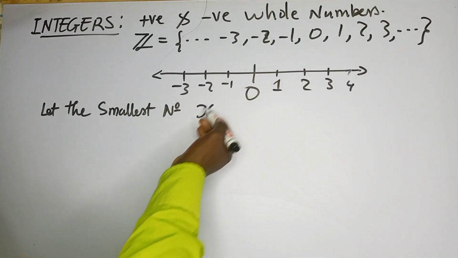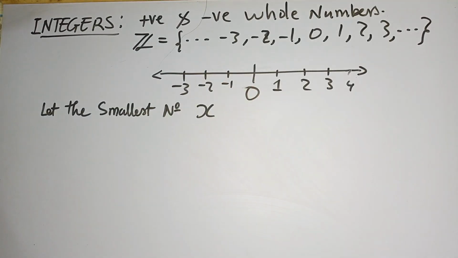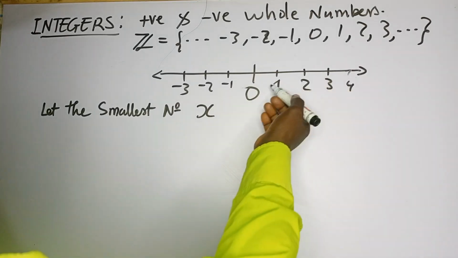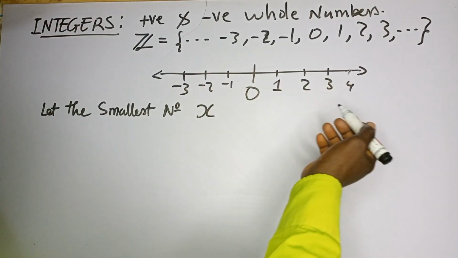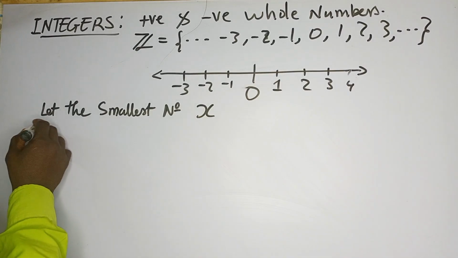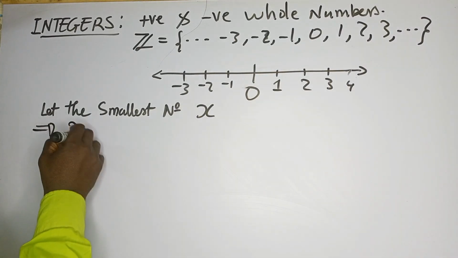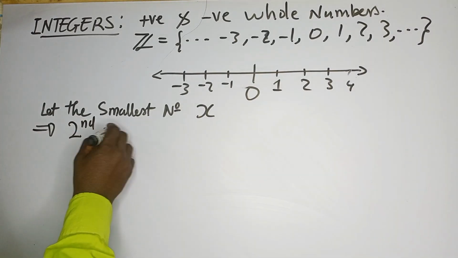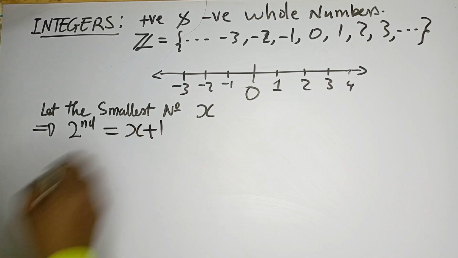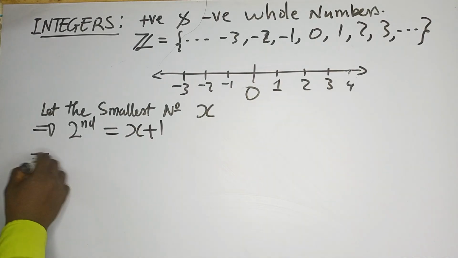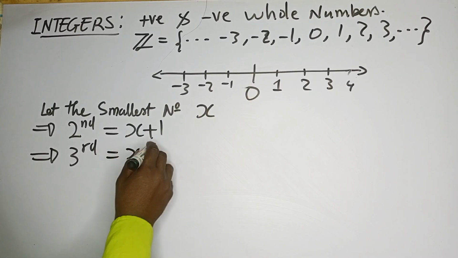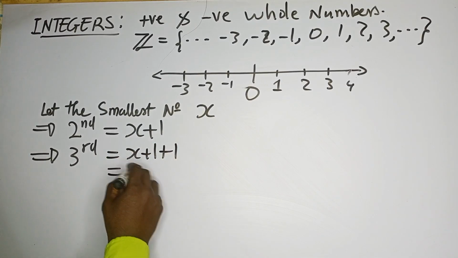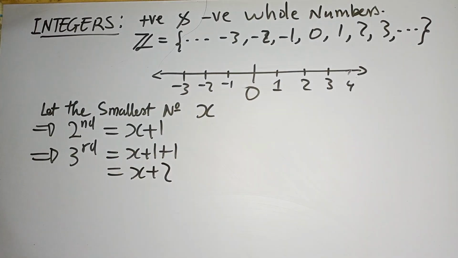To move from x to the next integer after x, following this number pattern of adding 1 to get to the next integer, the second will be x plus 1. And then, of course, the third will be x plus 1 plus 1, which is simply x plus 2. So that will give us the third integer.